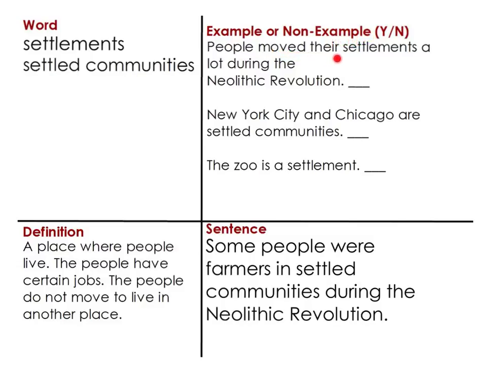People moved their settlements a lot during the Neolithic Revolution. New York City and Chicago are settled communities. The zoo is a settlement.